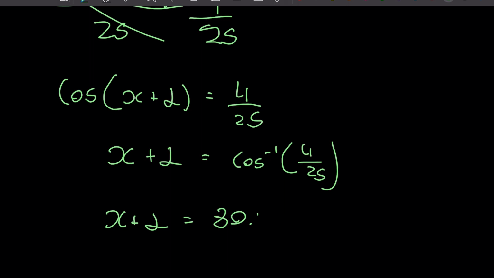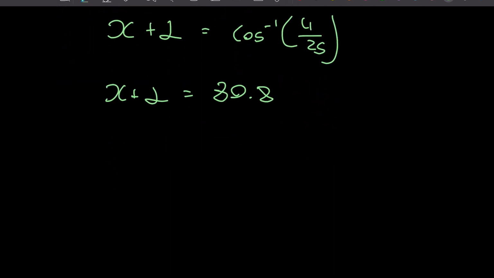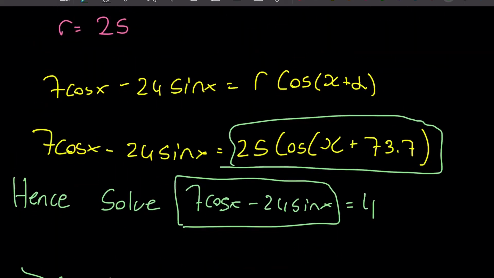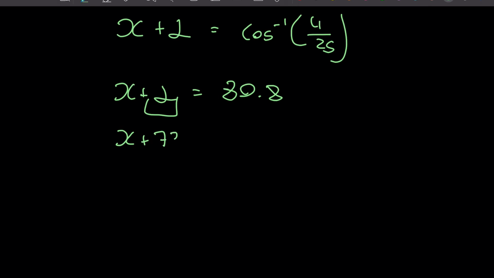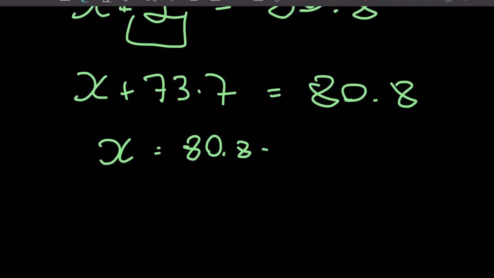Remember we found alpha previously to be 73.7, so x plus 73.7 is equal to 80.8.